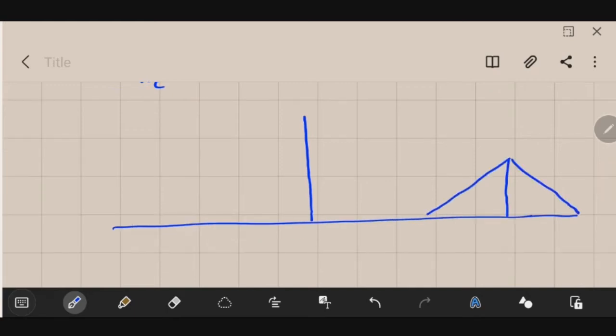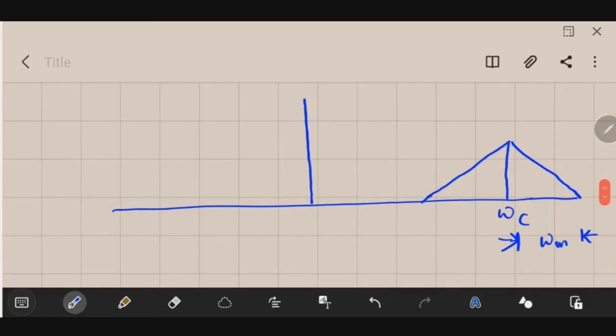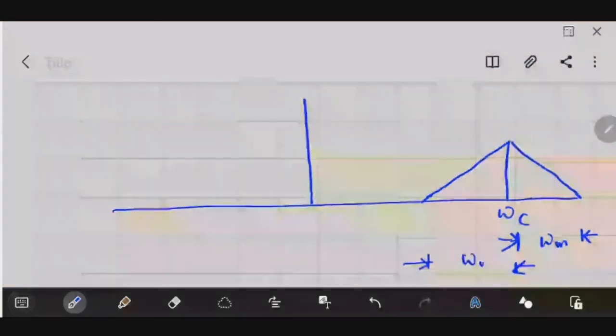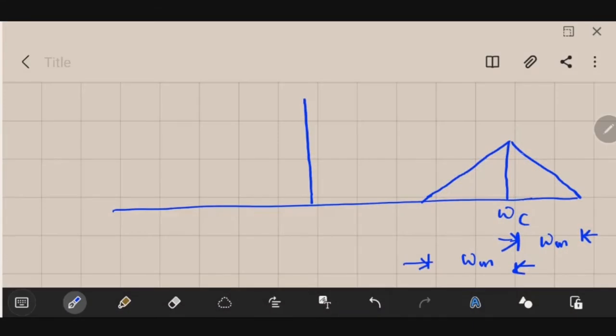This is your omega c, and this distance is your omega m. This width is your omega m, and similarly this width is again omega m. So this is your Vm of omega minus omega c, and the other is your Vm of omega plus omega c.